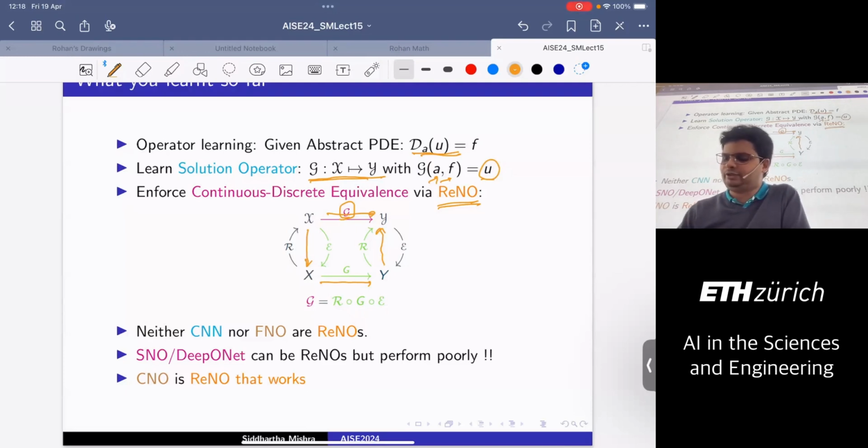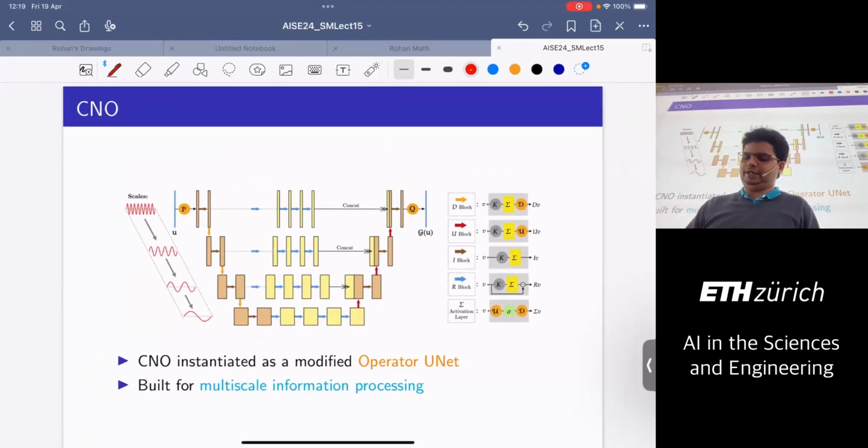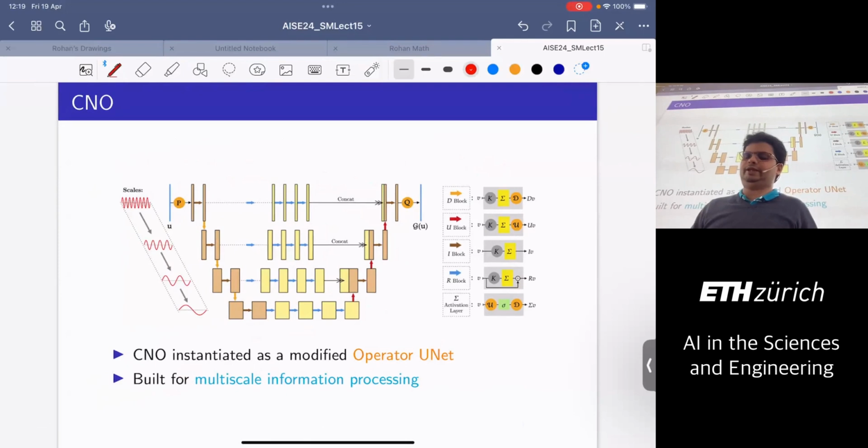And in the last lecture, we focused almost exclusively on CNO, convolutional neural operator. And we discovered that it has some desirable theoretical properties, and it also works well in practice, right? So remember that this is your CNO, and the essential bits of CNO were the two operators, convolution and nonlinearity, and both of them had this nice feature that they were Renos.